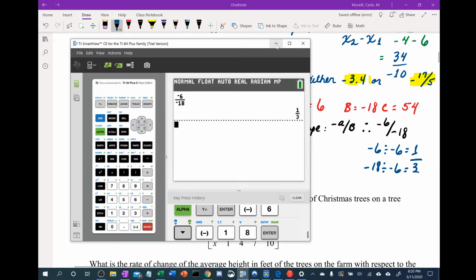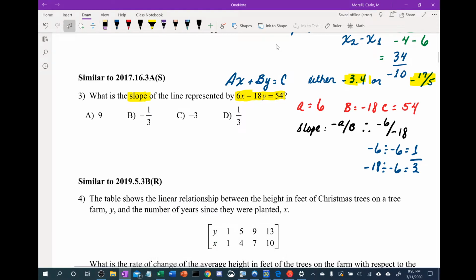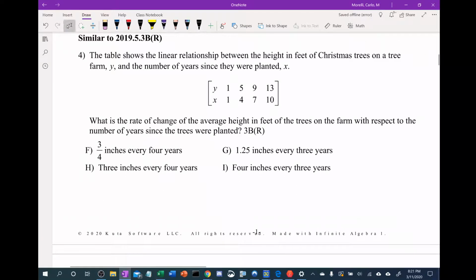It tells us it's 1/3. So looking at our answer choices here, I see that I've got 1/3 for answer choice D. Answer choices might be different in your document, but it's 1/3. Sorry for the mistake. It happens.